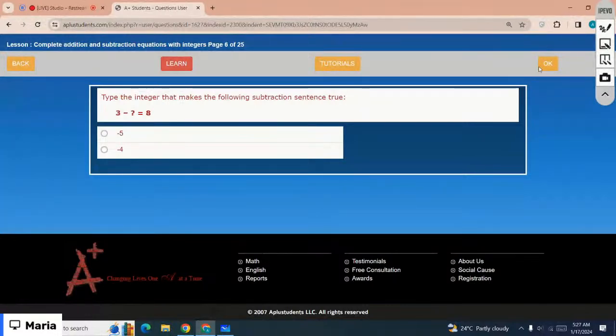The correct option is negative 5 it is, right?